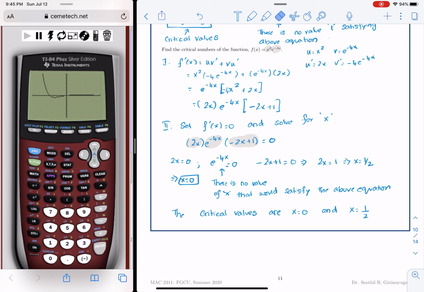Let me zoom this a bit. So I got the 0, but there is another 0 crossing.